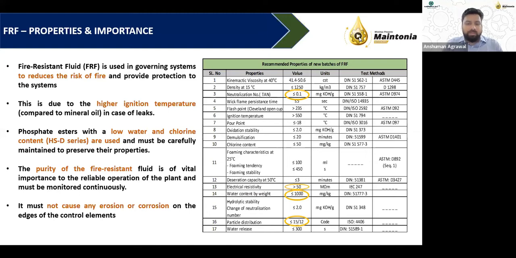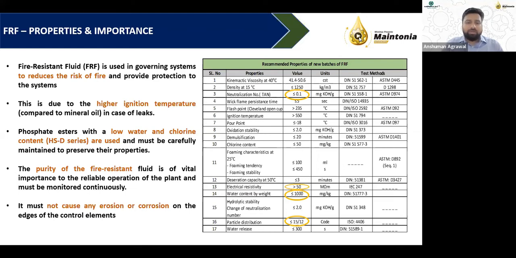The second property of importance here is water content by weight. This property becomes very important because the fire resistant fluid has a typical tendency of attracting moisture from the environment, because it's hygroscopic in nature.